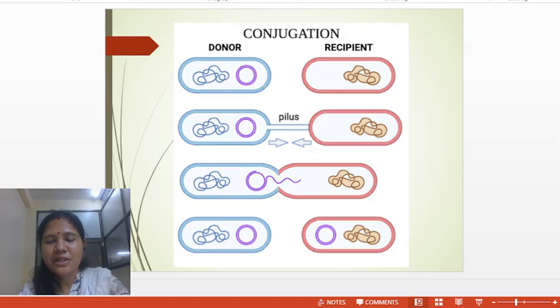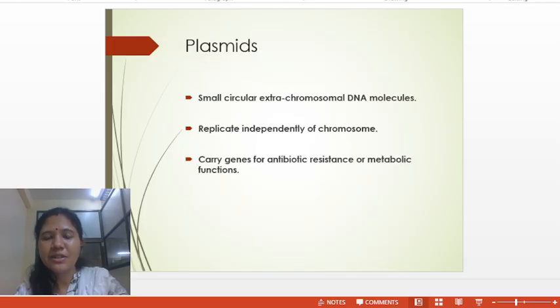Here is a simplified diagram of donor and recipient bacterial cells, where the donor cell makes a pilus structure with the recipient bacterial cell, and they transfer the genetic material from the donor cell to the recipient cell, and finally both the donor cell and recipient cell will have one copy of the genetic material. So these are the different methods of genetic transfer in microorganisms.